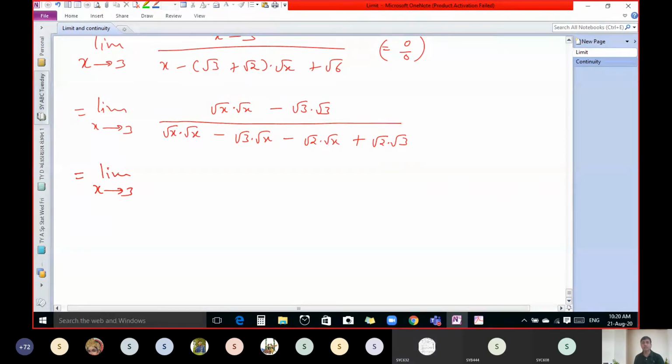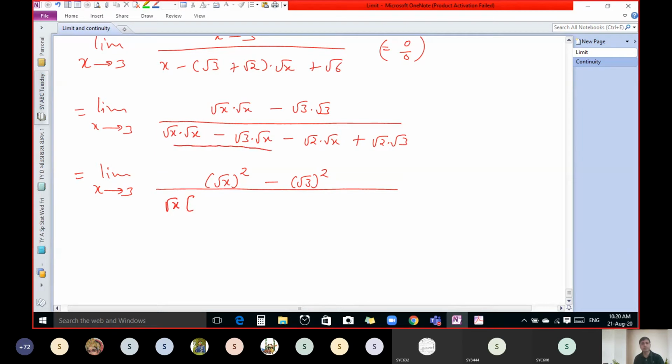Now see this root x into root x, you can write as root x the whole square, minus root 3 into root 3, you can write as root 3 the whole square. Here in the denominator, from these first two steps, take root x common.